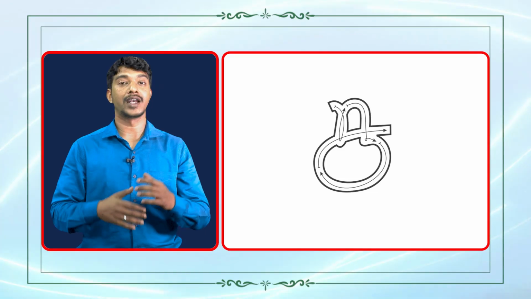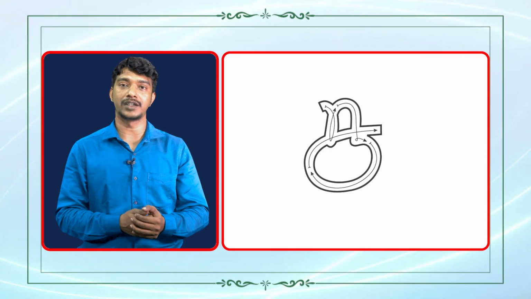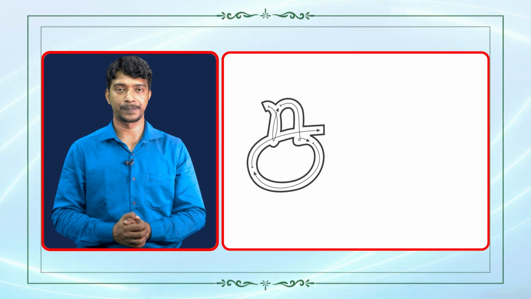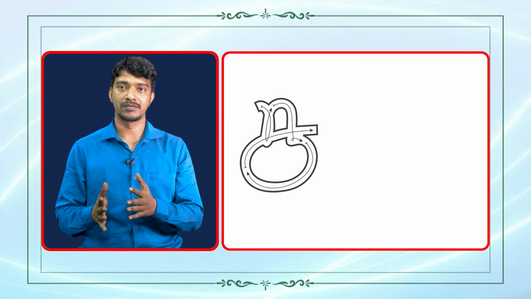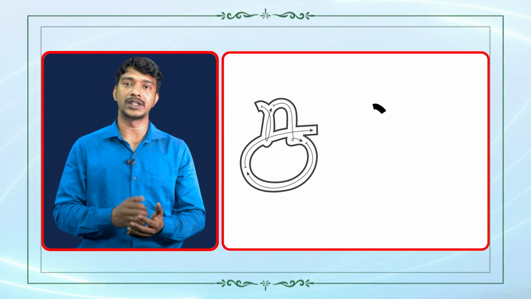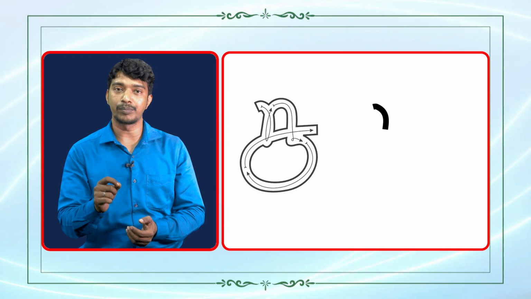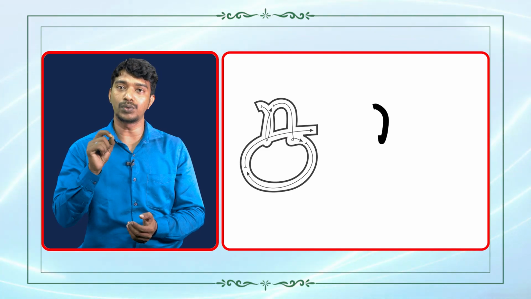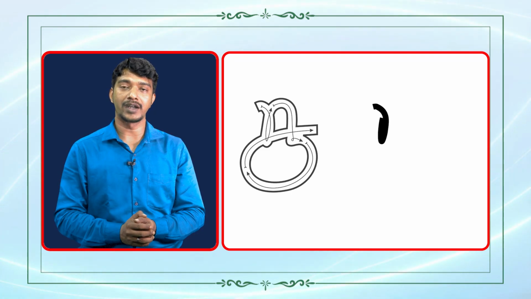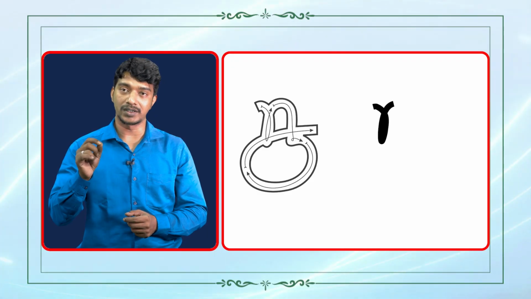Uch has a separate handwritten form. It looks like this. Now let's try to write the letter using some simple steps. To write Uch, we will start with a very short diagonal line from the top to the middle right and draw it upwards.